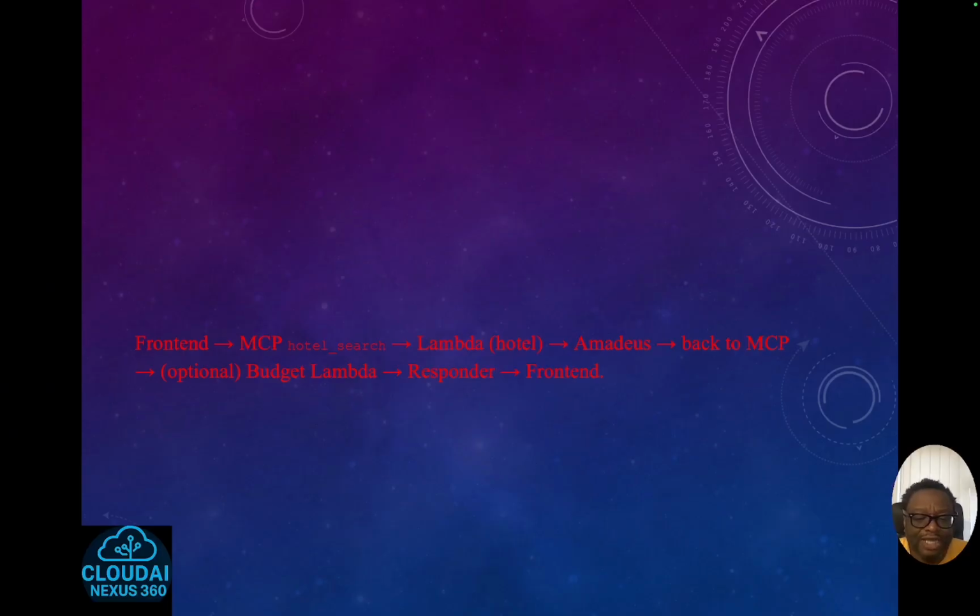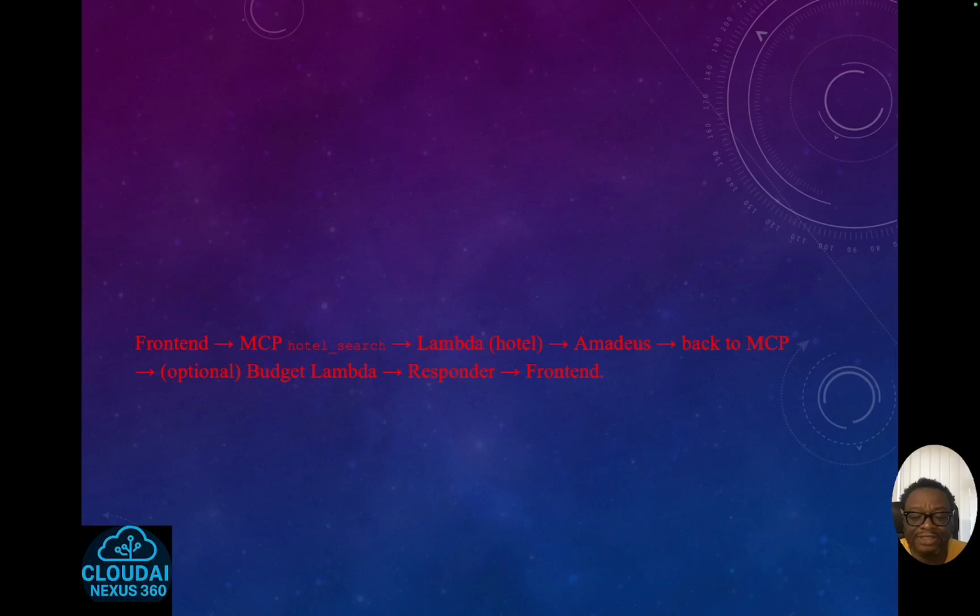So here is a high level. The front end or an LLM might be able to call our MCP server with a JSON-RPC tools call. The MCP server invokes the Hotel Lambda, which calls Amadeus to list hotels and fetch offers in chunks.